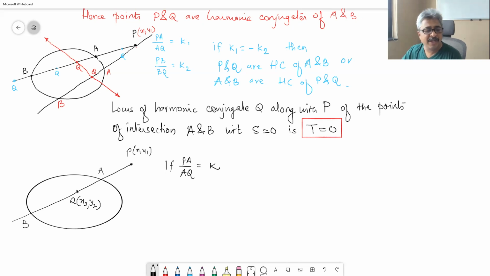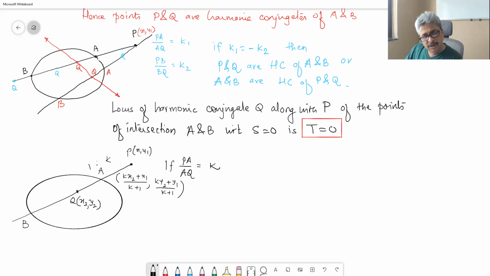So A is a variable point. Therefore, if PA upon AQ is K as to 1, then I can always write the coordinates of A as kx2 plus x1 upon k plus 1, comma ky2 plus y1 upon k plus 1, using the section formula.